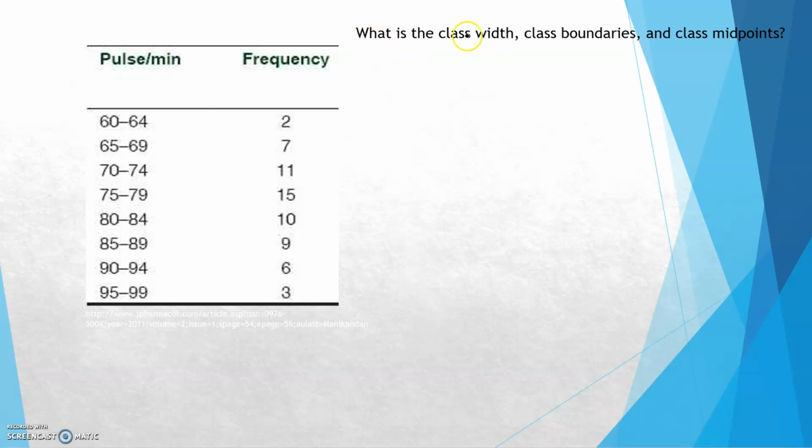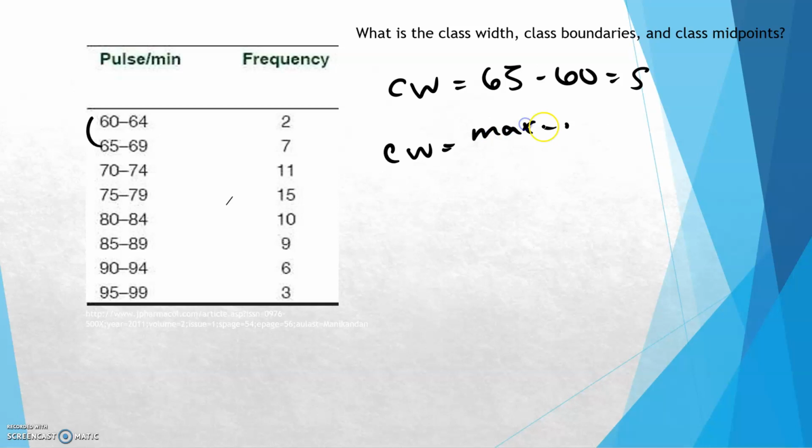Okay, so it said, what is the class width? Well, if I've got a table like this, the easiest thing to do is just to find the difference between these two numbers right here, 65 and 60, which we already said was 5. So class width, 65 minus 60 gives us 5. Or we could use that formula, the max minus min divided by the number of classes.